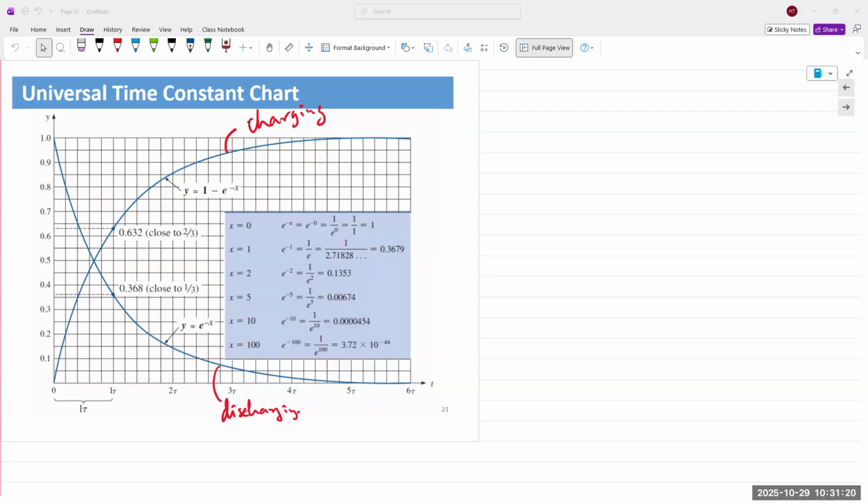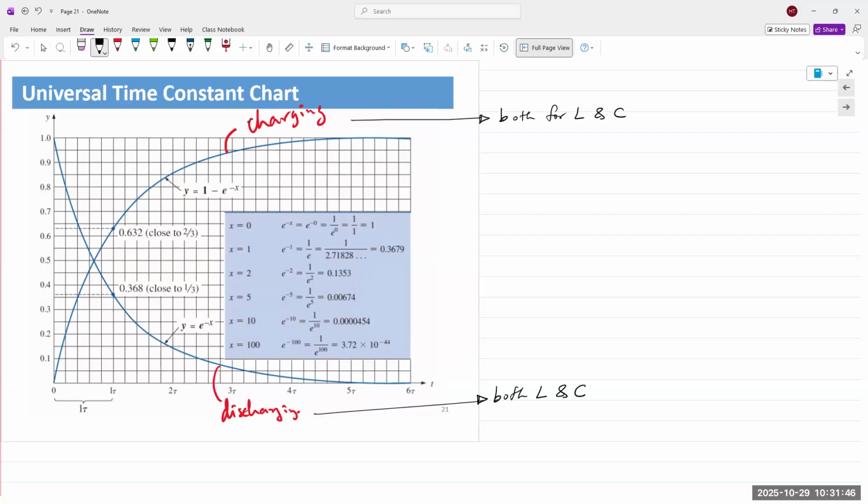So if you're charging, whether it's a capacitor or inductor, you have an exponential curve that is going up. L is inductor, C is capacitor. And discharging also applies to both inductor and capacitor.